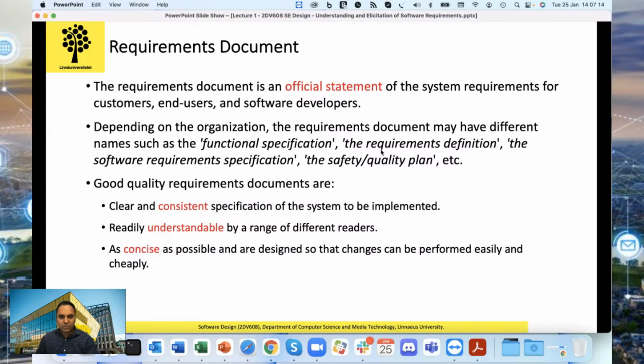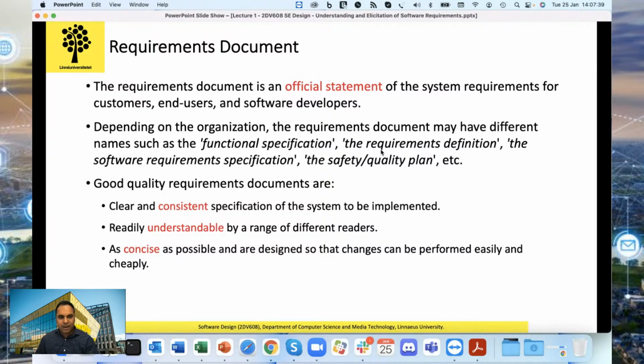And it should be as concise as possible, because you are not writing a book or a story. Your system requirements should be very concise, and at the same time understandable and consistent.